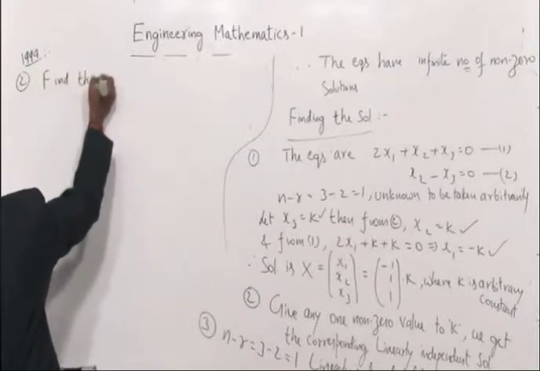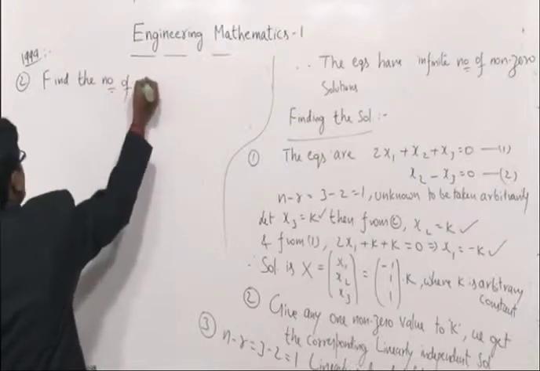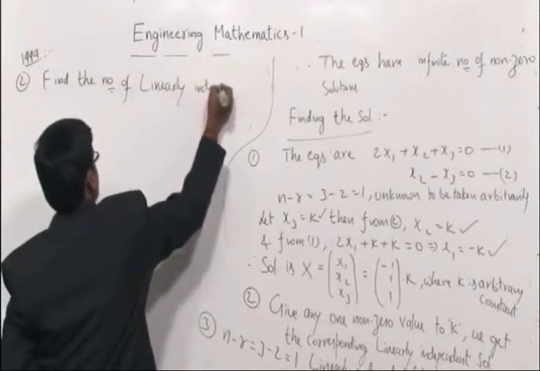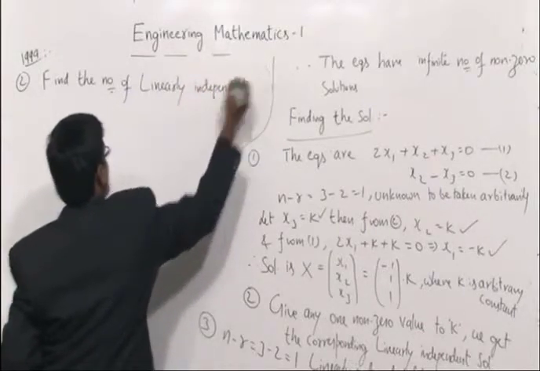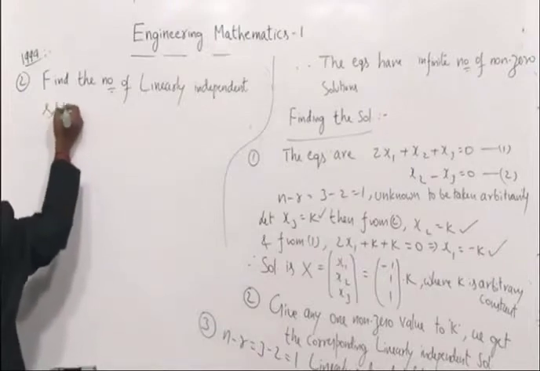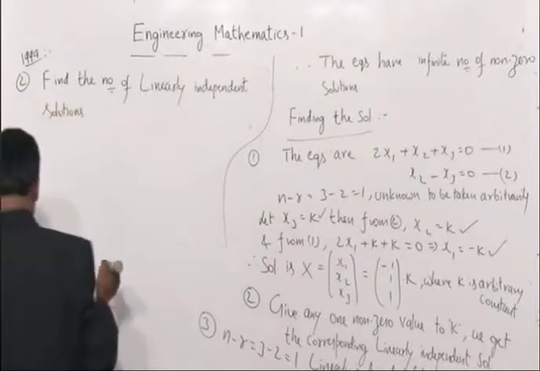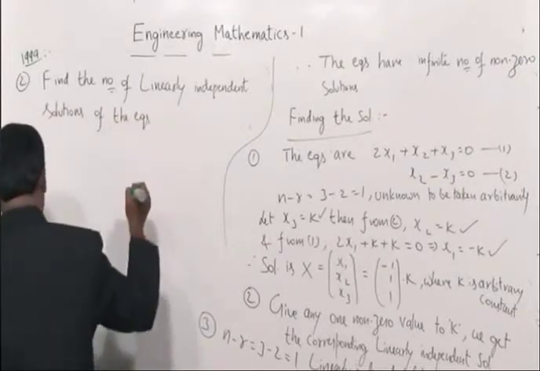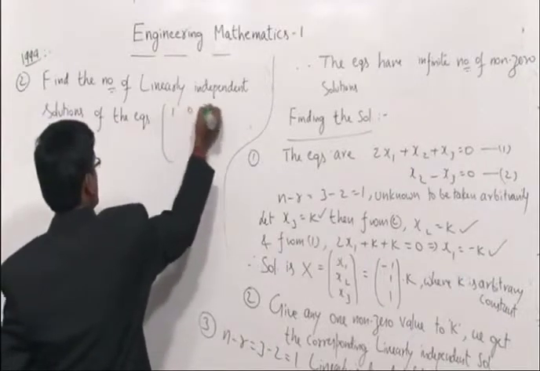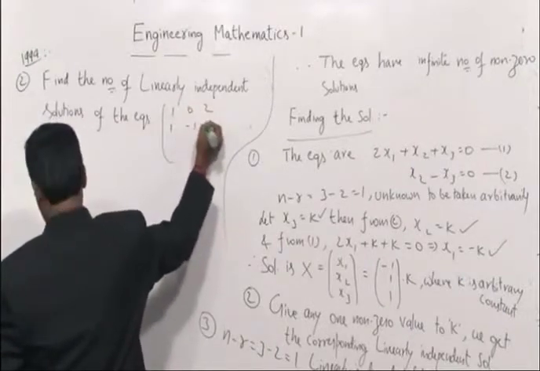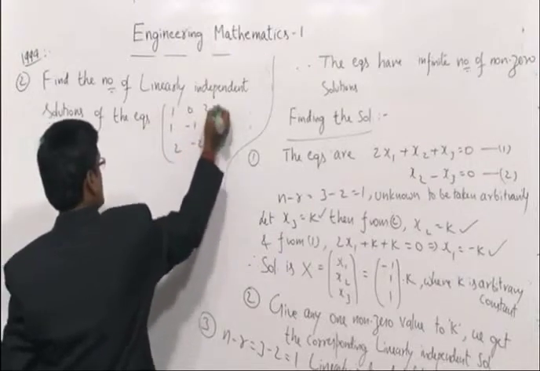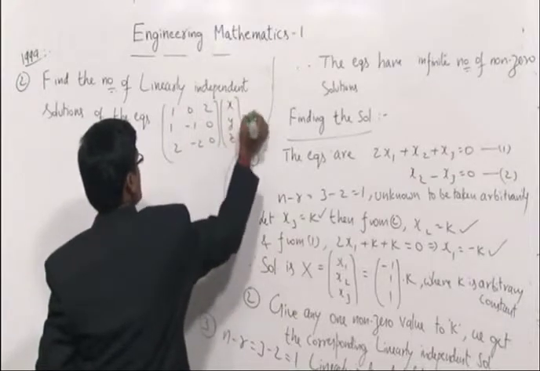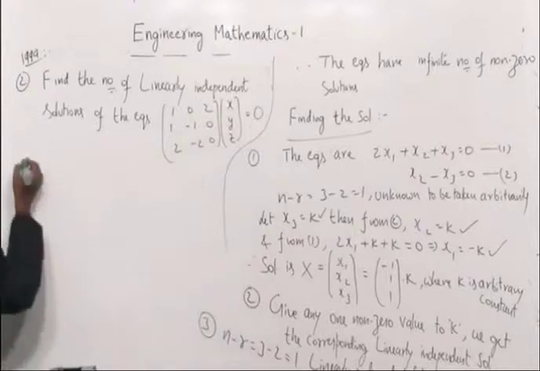Find the number of linearly independent solutions of the equations given in matrix notation: 1 0 2, 1 minus 1 0, 2 2 minus 2 0 into x y z is equal to 0.